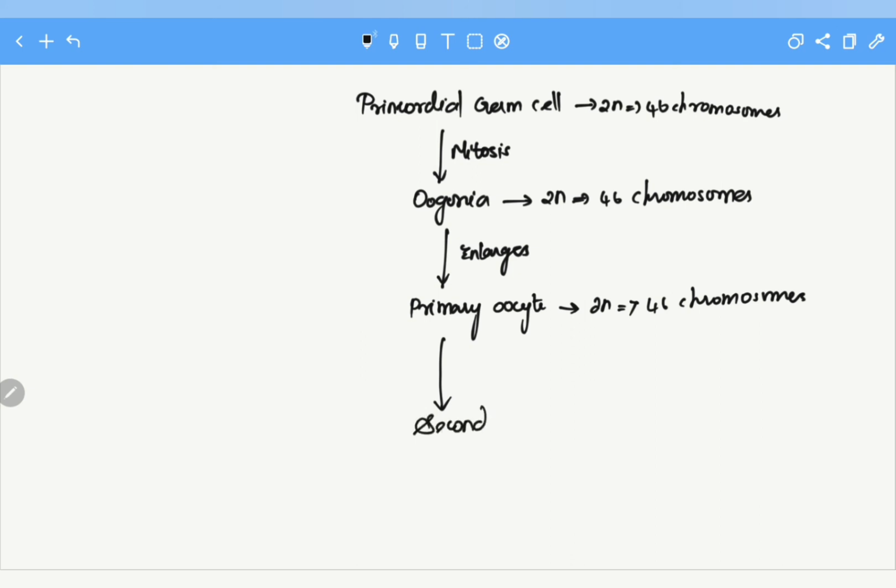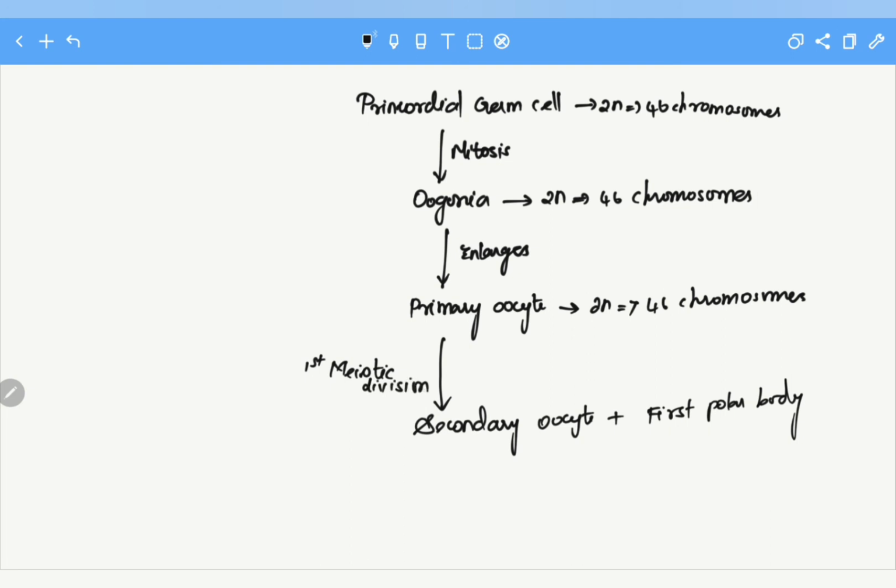So the result of the first meiotic division is a secondary oocyte along with a polar body, that is the first polar body.